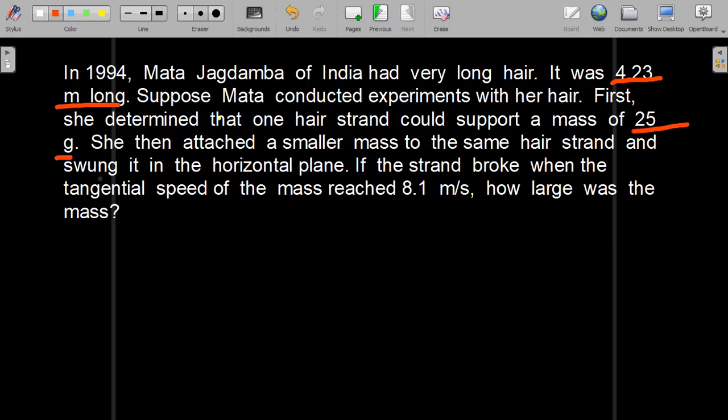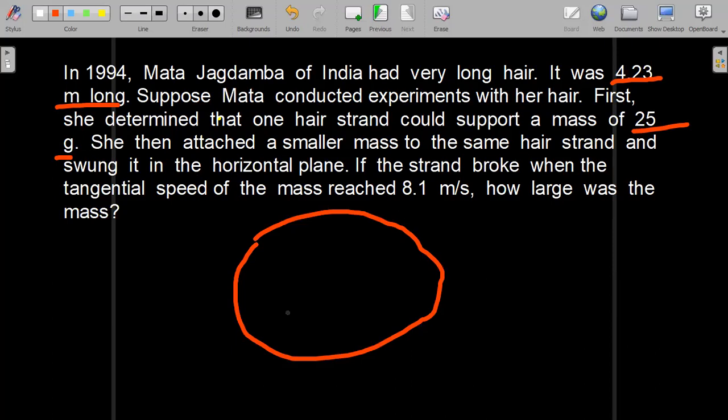She then attached a smaller mass to the same hair strand and swung it in the horizontal plane. So this is our head, then this is the same strand of hair. It had the radius of 4.23. The first mass that was there was 25 grams.